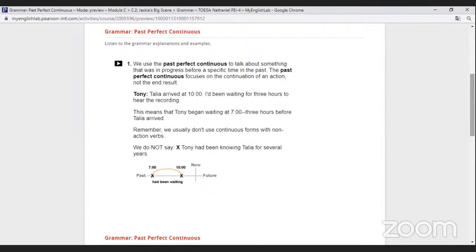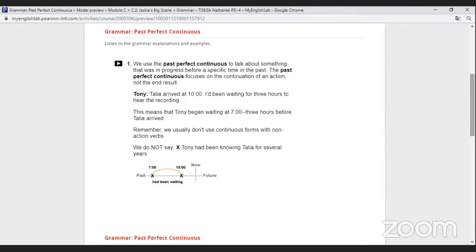I had been waiting for 3 hours to hear the recording. This means that Tony began waiting at 7, 3 hours before Talia arrived. Remember, we usually don't use continuous form with non-action verbs. We do not say Tony had been knowing Talia for several years.